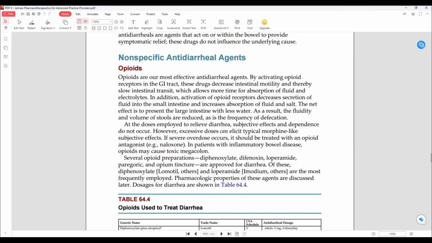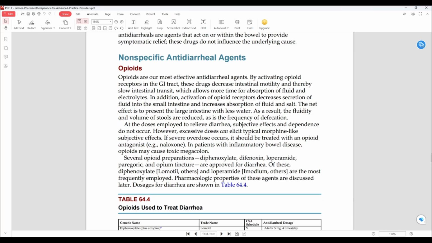Several opioid preparations, diphenoxylate, difenoxin, loperamide, paregoric, and opium tincture, are approved for diarrhea. Of these, diphenoxylate or Lomotil and loperamide, Imodium, are the most frequently employed. Pharmacologic properties of these agents are discussed later.